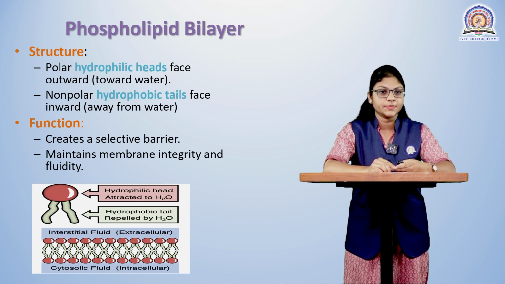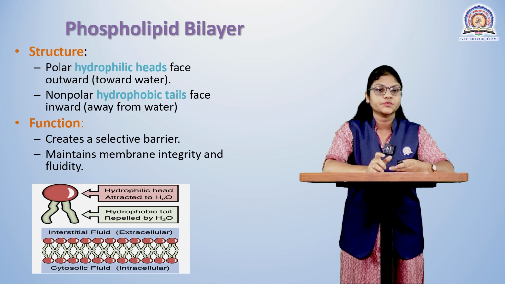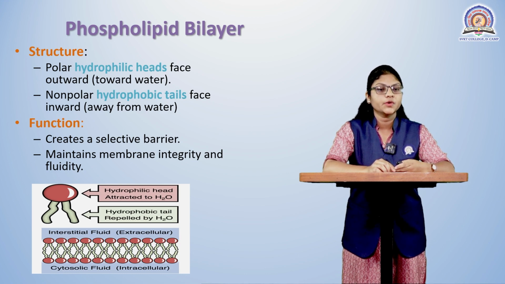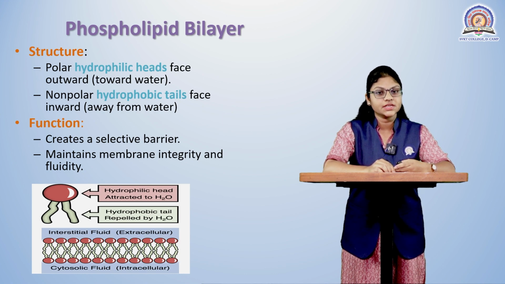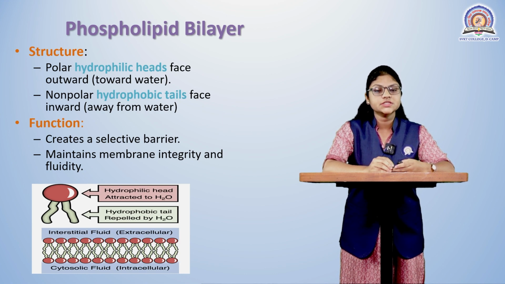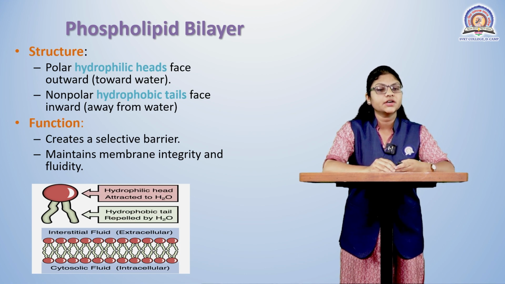There are two tails present which are non-polar, that make the inner side of the plasma membrane, which faces away from the water. Then the phospholipid bilayer performs an important function as it creates a selective barrier, meaning it only allows selected molecules to pass through it. The second important function is that it maintains the membrane's integrity and fluidity.